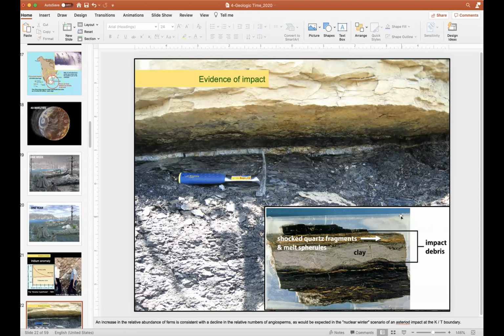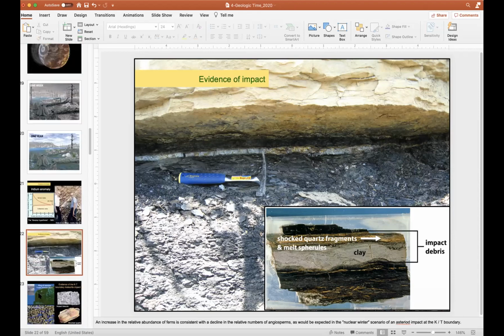There's a microscopic texture that the quartz takes on when it was hit with the great pressure of that impact. So under the microscope, when we look at these rocks, it looks different.